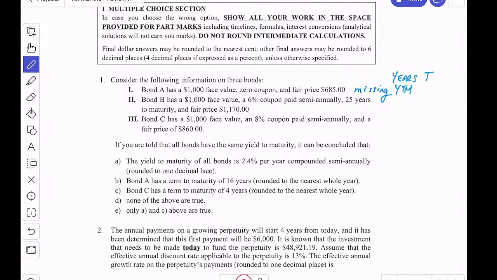So you're missing T and you're missing I for our formula. But you're told here that all the bonds have the same yield.